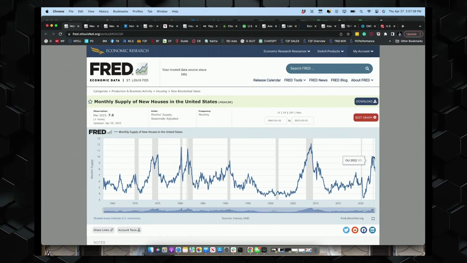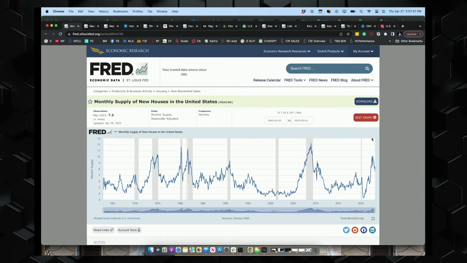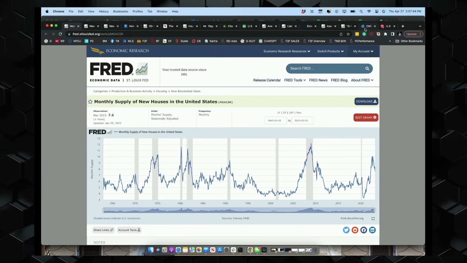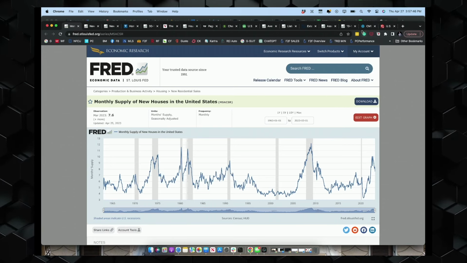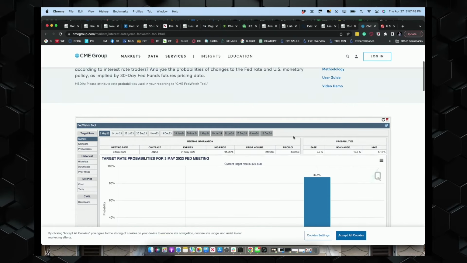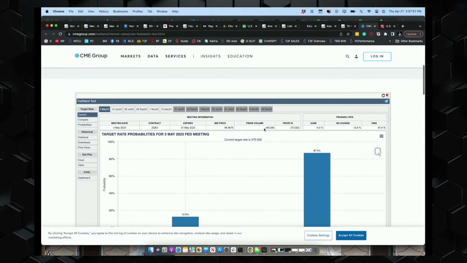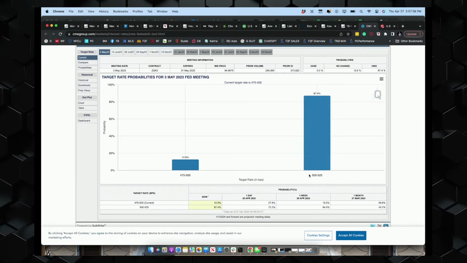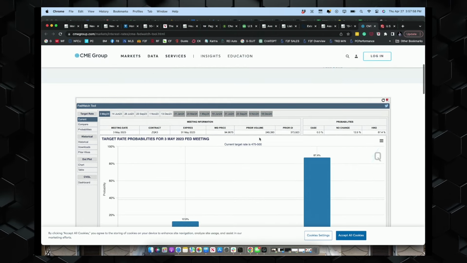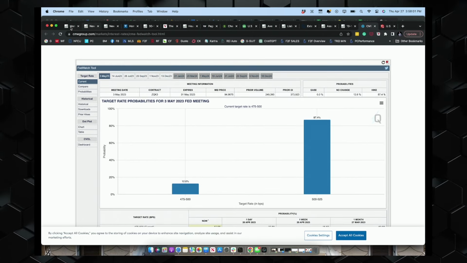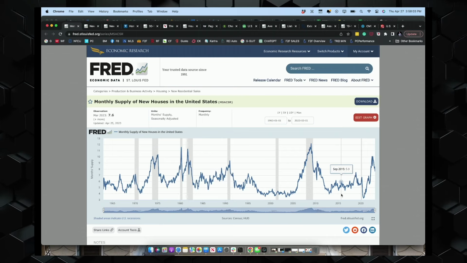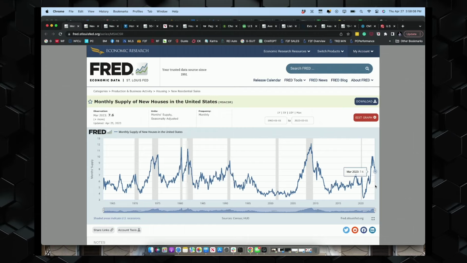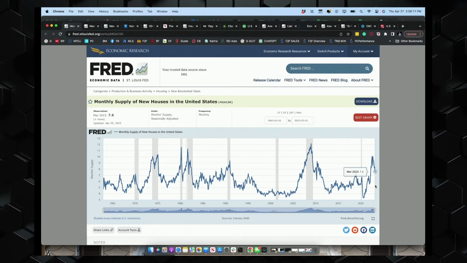So we're going to continue, in my opinion, to go up because they're going to still raise interest rates. The Federal Reserve has an interest rate decision in actually 5 days, and there is an 87% chance that they're going to raise rates again another quarter point, which is going to increase how much housing costs, which is going to create more inventory because more people are putting houses on the market and fewer people can buy because it costs too much, right?